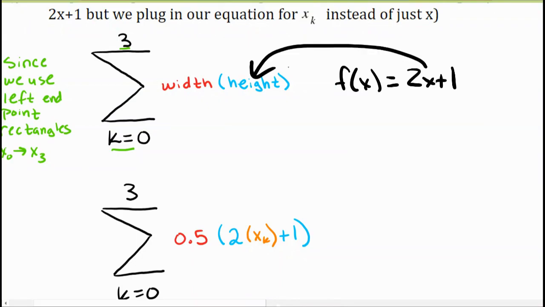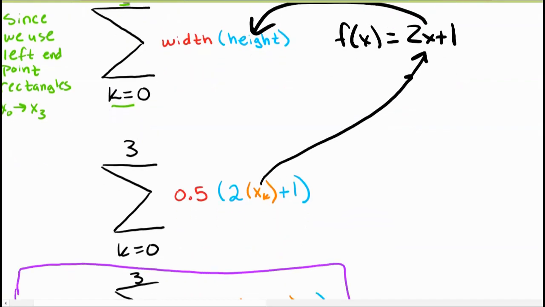So I'm plugging that in for height. The only difference is that I need another equation within f of x, because remember, we're using 4 different x values in this. So we're going to throw in the equation that we created earlier, x of k, and put that within our function f of x.